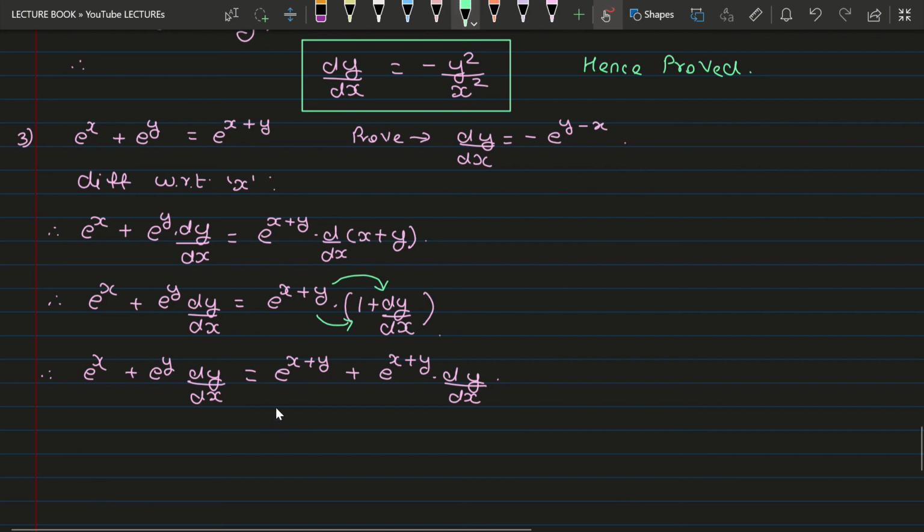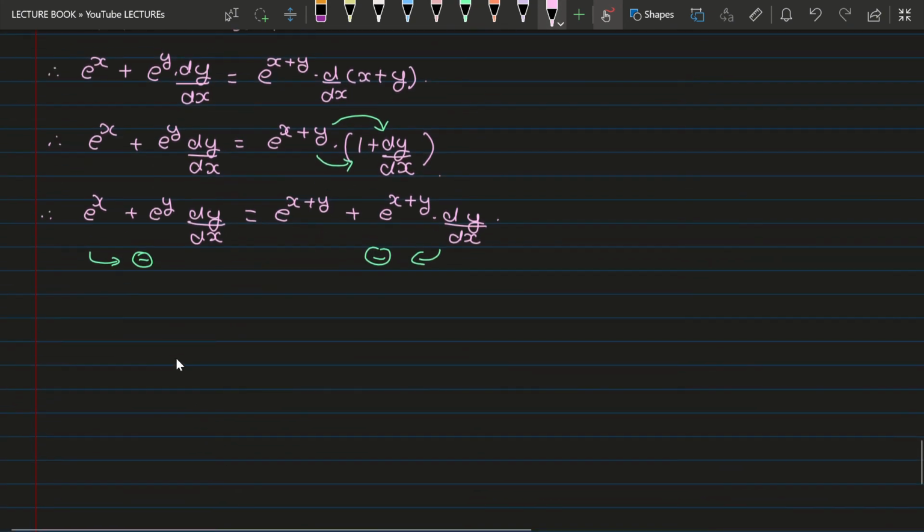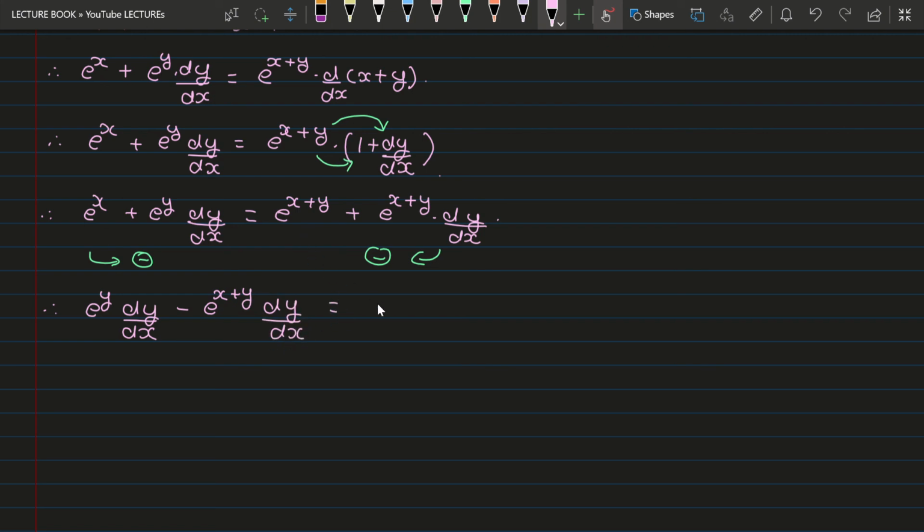Now guys, we take this dy by dx element on the left hand side with a minus sign, e raised to x on the element again with a minus sign. So what we are left out over here with is something like this: e raised to y dy by dx minus e raised to x plus y dy by dx. Over here we leave this e raised to x plus y as it is, minus e to the power x.